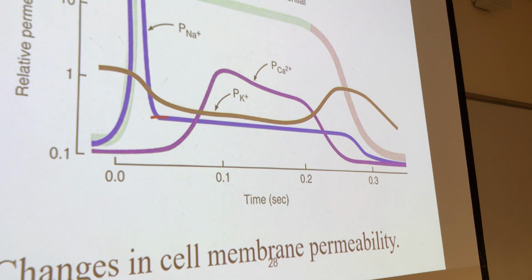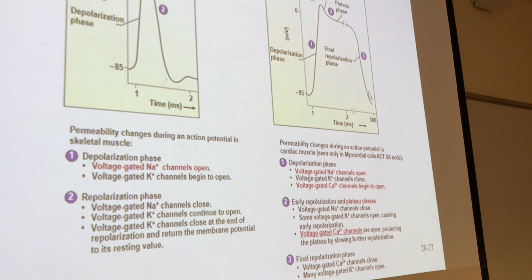As calcium comes in, it allows us to extend our action potential from 1 millisecond to almost 500 milliseconds. Right? That's a huge increase in length. Then the same thing allows us to repolarize. Here, repolarization due to potassium. Skeletal muscles, repolarization due to potassium.